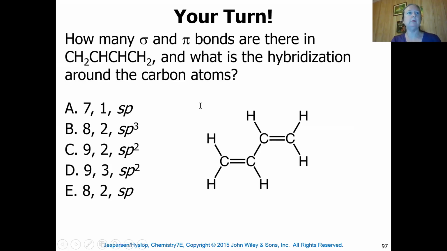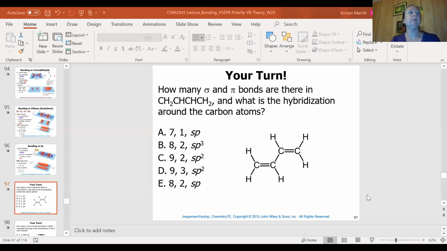Go back and see what else is here. All right, so here's an example. How many sigma and pi bonds are there in this molecule, and what is the hybridization around the carbon? All right, well, each carbon has 3 connections.